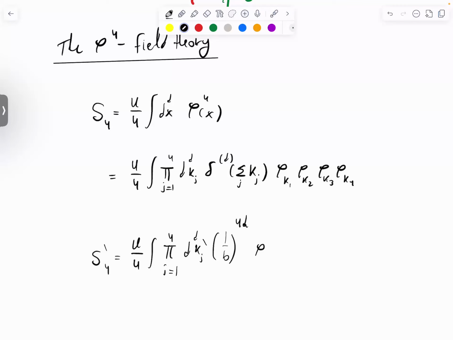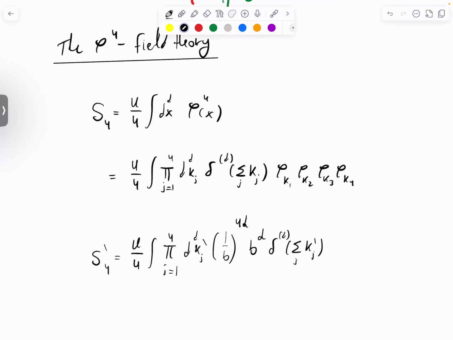Then I have b to the power of d times delta^d of the sum over j of k prime j.